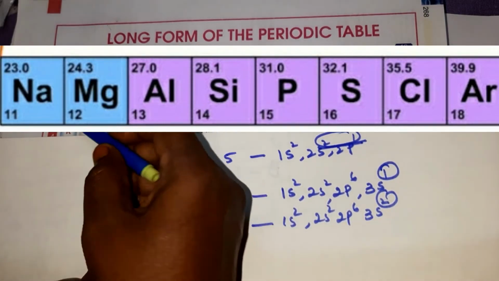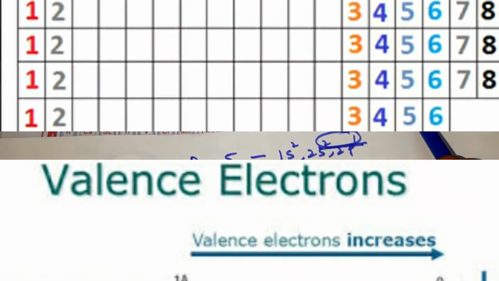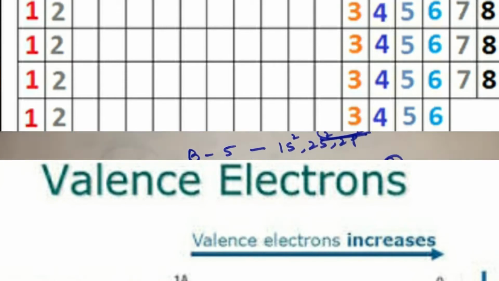Like that, if you see the valence electrons across the period, they go on increasing. As we move across the period, the number of valence electrons changes, 1, 2, 3, but the number of inner electrons does not.